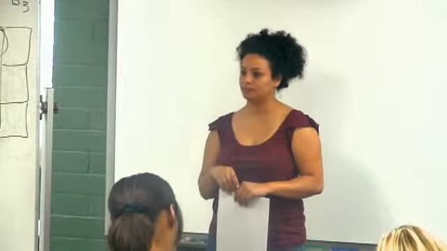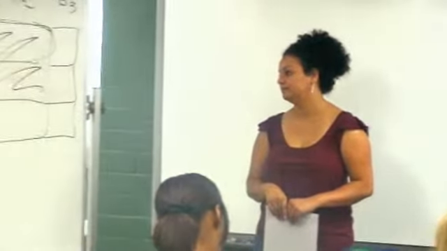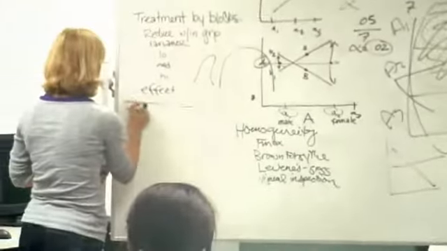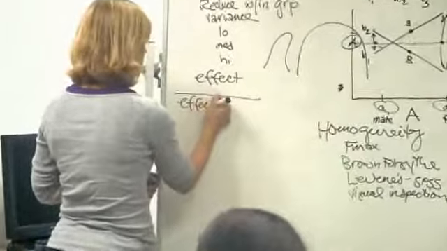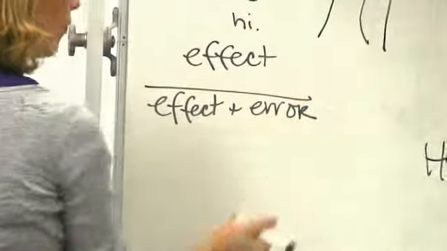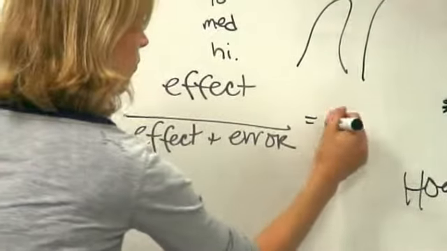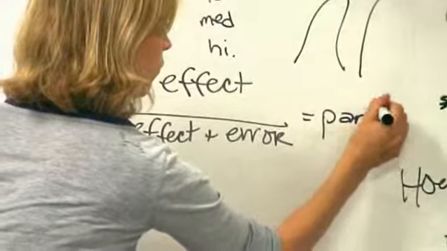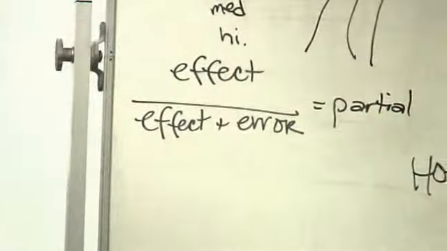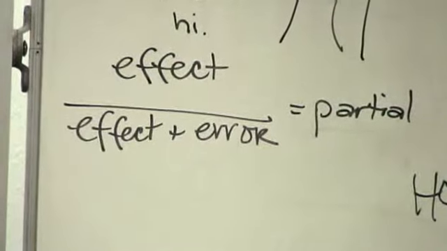What's the formula for the partial? So it's the effect over the effect plus error. That's the partial. The complete would include in the denominator the effect size for the other IV, for the interaction, all the effect sizes, all the variability.